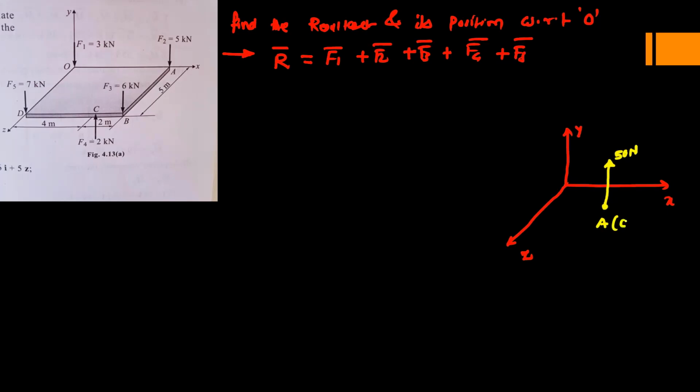So the coordinates of the point A are 0, 1, 0, and 2. At this point, the force is acting parallel to y direction, 50 Newton, and it is along the positive y direction.